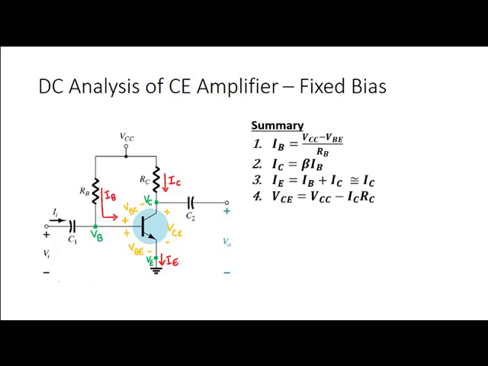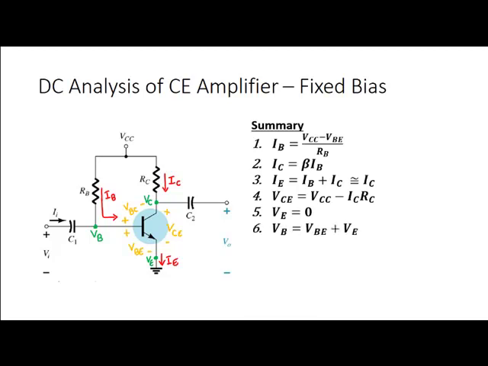Then applying KVL to the output side loop, we calculated the voltage across the BJT, which is VCE. So VCE is equal to VCC minus IC times RC, the expression we obtained. And then we know that VE is equal to 0 because the emitter terminal is directly connected to the ground in the fixed bias configuration.